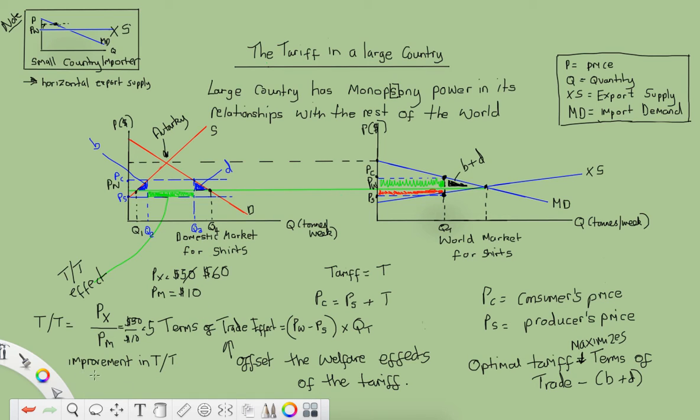The effect on trade, of course, is ambiguous because quantities respond. So when the price of your exports goes up, the foreigners may buy less of your exports. Whether you get more money depends on the elasticity of demand for your exports. But this is called an improvement in the terms of trade.